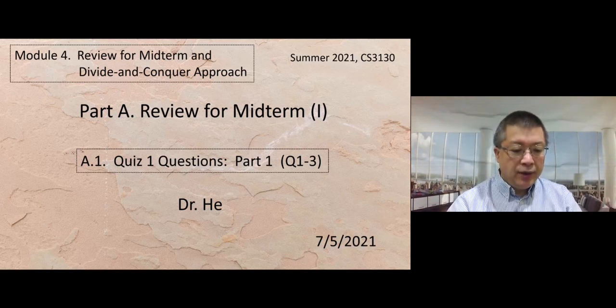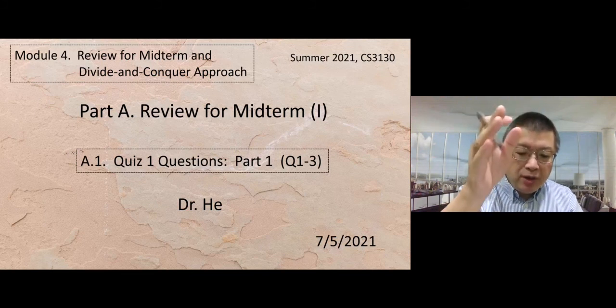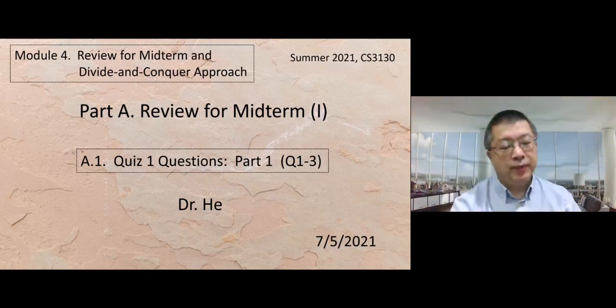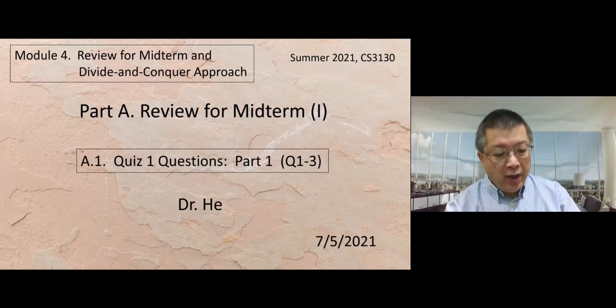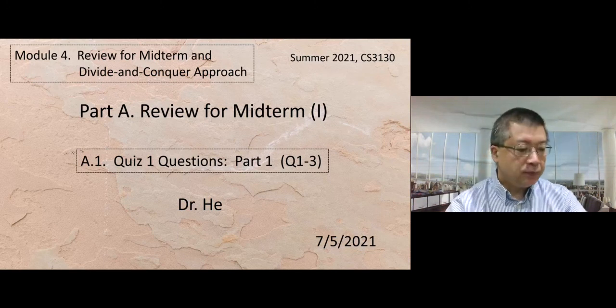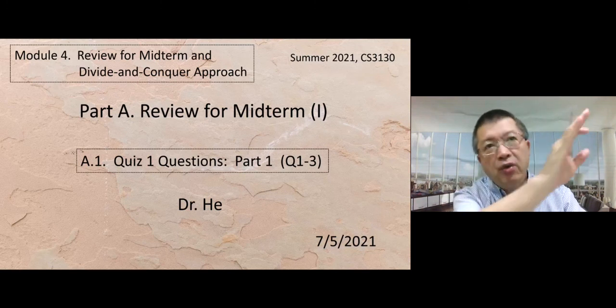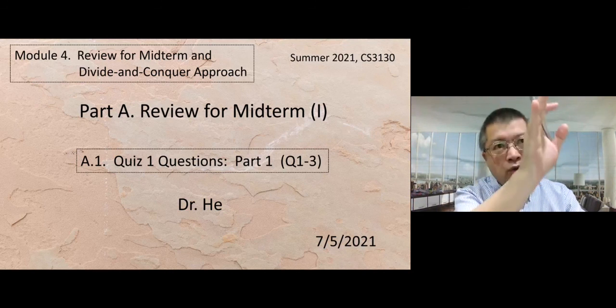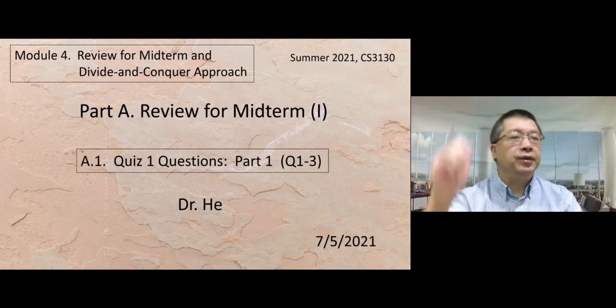All right, so today we start our review for midterm part 1. 8.1, quiz 1 questions. Part 1, the first 3 questions. I will go through all the questions from quiz 1 to 3.